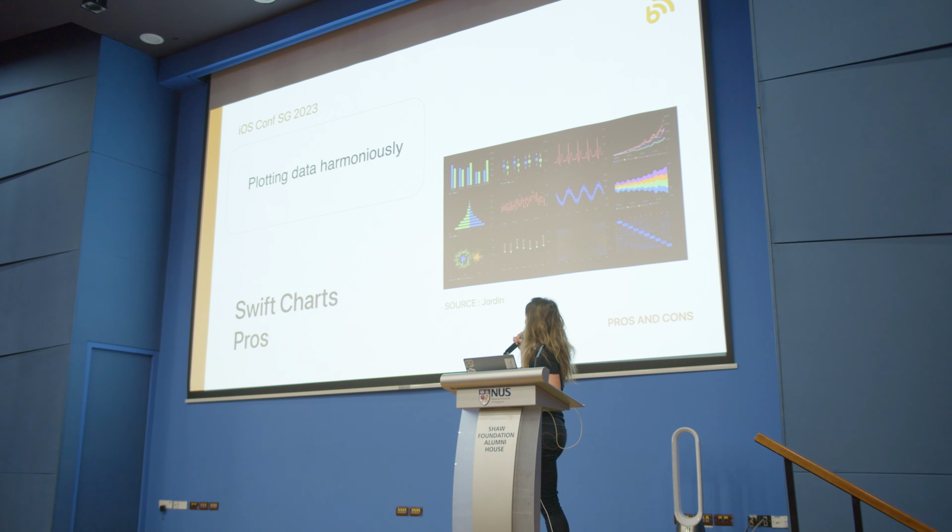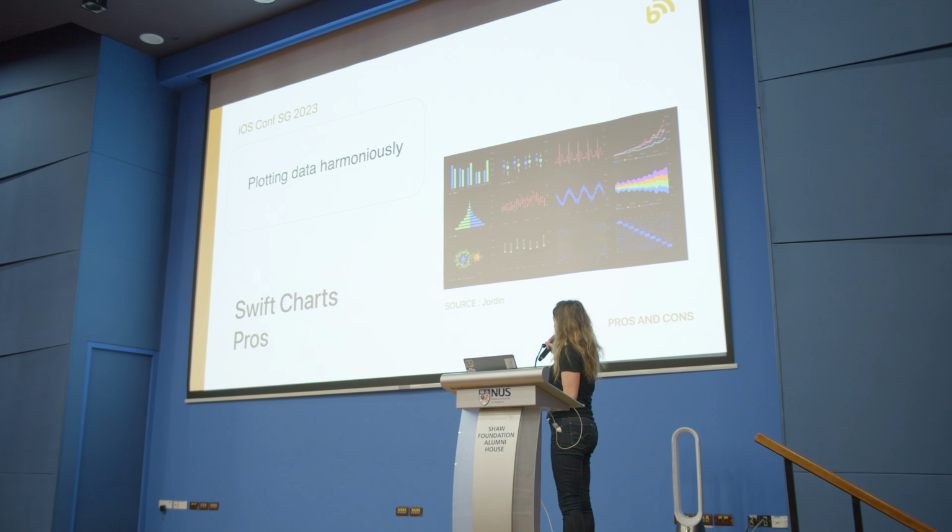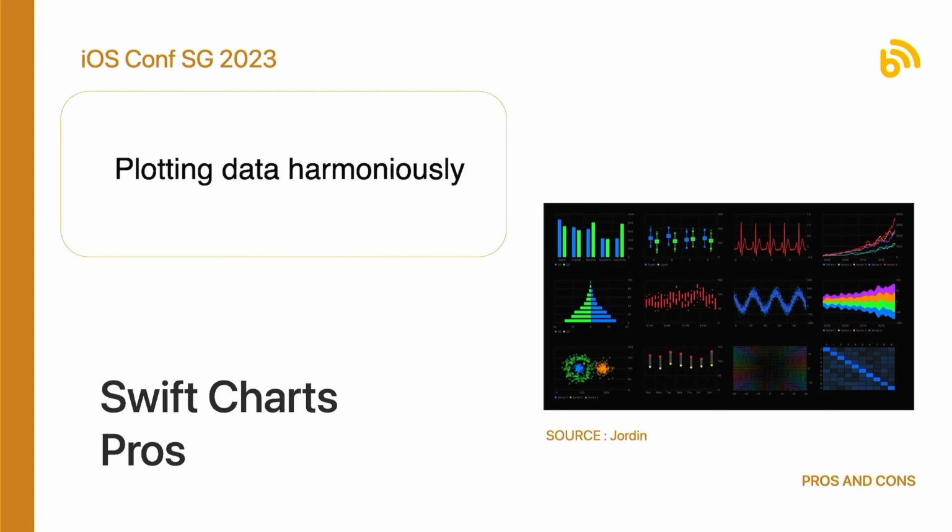Now, the pros for Swift Charts. It's the cool thing, Swift Charts is really cool, really simple, easy. You just have to import Charts, and it gives you really nice charts.